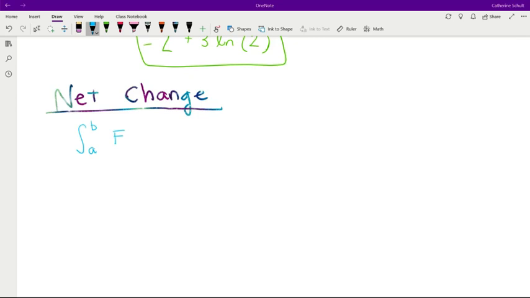When we were first talking about it, we were talking about how the integral and the derivative are related. And we had something like this, right? And we also talked about how this definite integral is the net change in y.